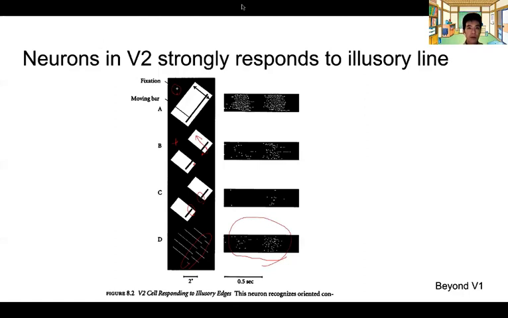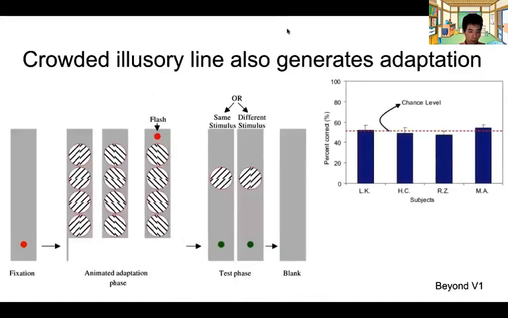Taking advantage of this type of finding, some researchers utilized this knowledge for a consciousness experiment as follows. Here, what the researchers did is use the illusory line to generate an adaptation and crowding experiment, like the one I explained a couple of minutes ago.